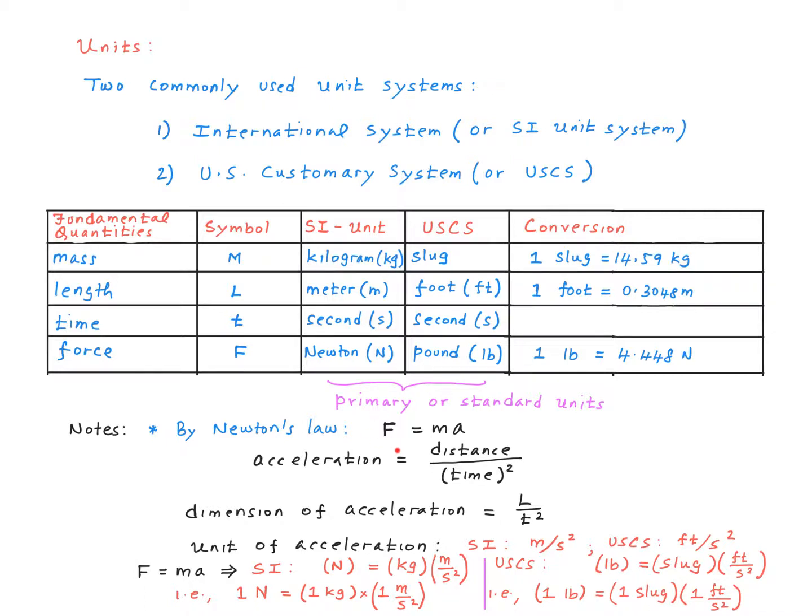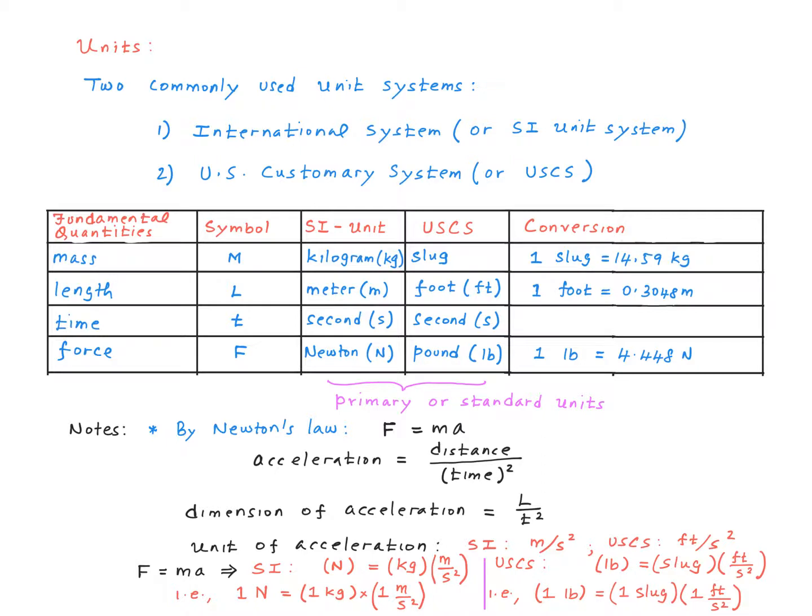Now, if we go back and take this F equals ma equation, we can find the relationship between units of force and mass. In the SI unit system, if I express the mass in kilogram and the acceleration in meter per second squared, the resulting force is what is called Newton. In other words, 1 Newton is 1 kilogram multiplied by 1 meter per second squared.